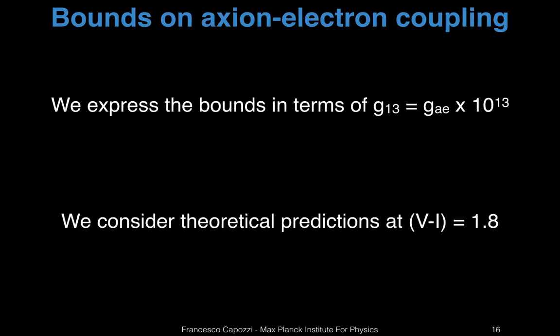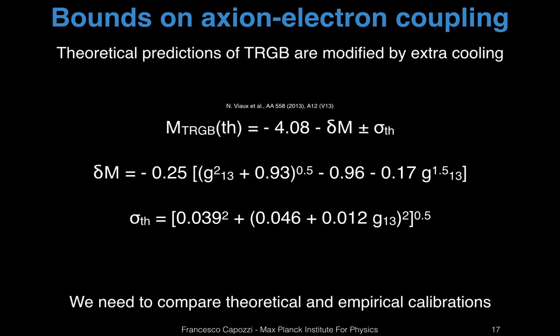Now, let's get these axion bounds. Here we express the bounds in terms of G13, which is just the coupling to electrons multiplied by 10 to the 13. And we are considering the theoretical prediction for a color index or temperature of about 1.8, which is exactly the temperature or color index for the tip of the red giant of the Large Magellanic Cloud, and also very, very close to the globular clusters we are considering.